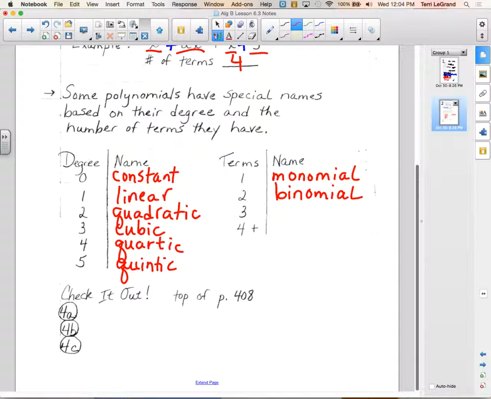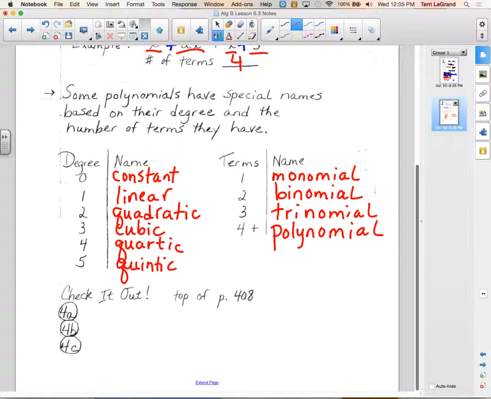Trinomial, like triangle, three sides to a triangle. Notice, part of the words are always part of the polynomial word. And four plus? Polynomial. It doesn't have a special name, we just say you're a plain old polynomial.